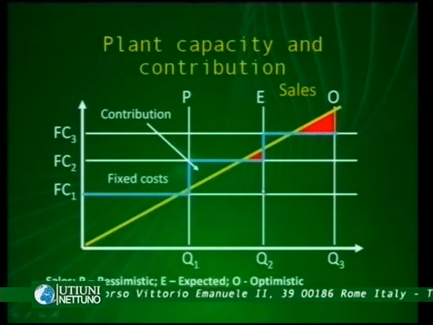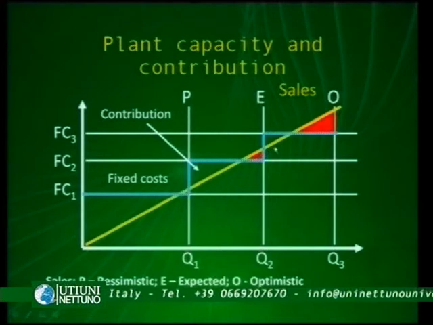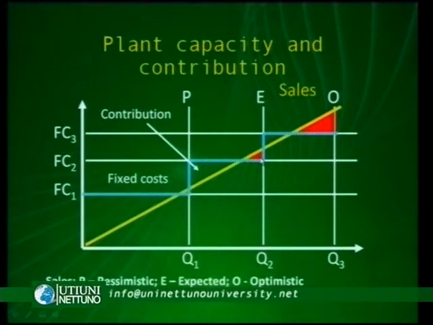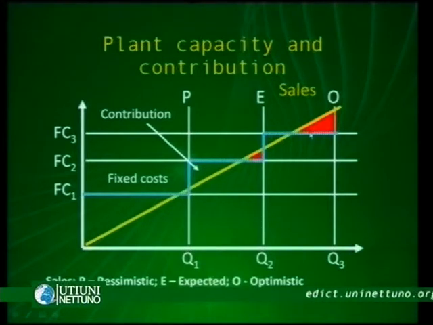In scenario Q2 and Q3, the situation is different, since the level of sales is way higher than the fixed cost. So in the optimistic scenario, the contribution is positive and this area is bigger than in the expected scenario. So this is to say that sales might contribute to the coverage of the fixed cost, and the definition of these levels of fixed cost is crucial in order to estimate the profitability of the investment itself.